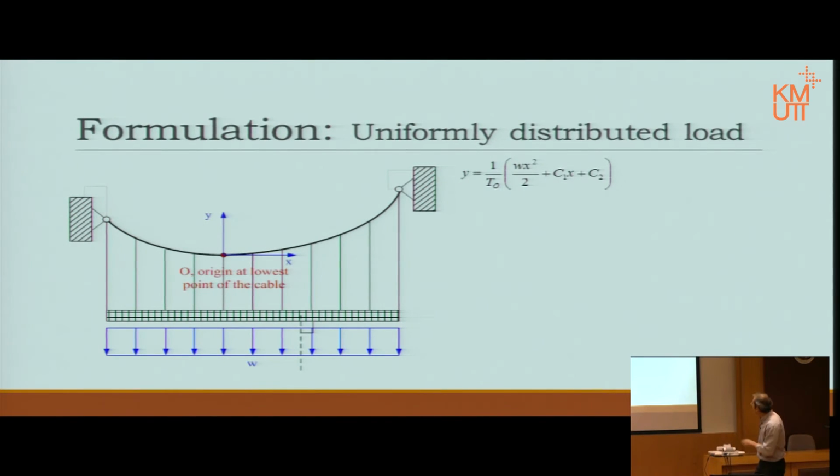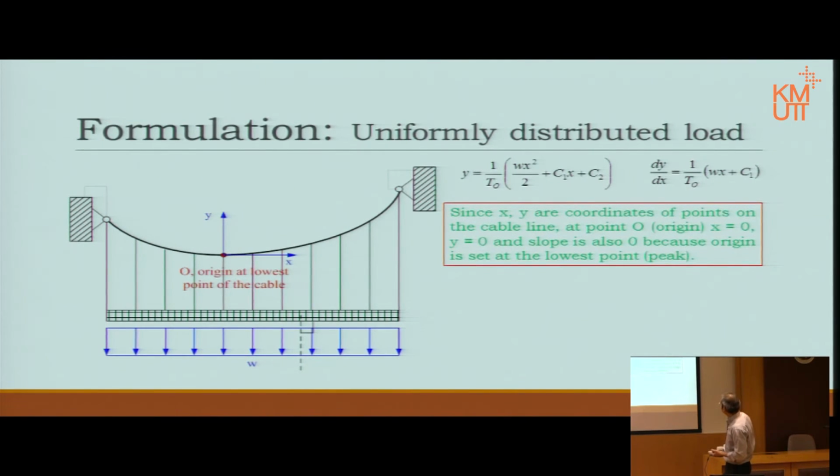So that is the normal integration, and of course for the slope dy over dx, we can integrate it. That is the slope function. This is just what I just argued: at the origin xy is 0, and because it's the lowest point, the slope is also 0. Therefore, at point O, x 0, y 0, the left hand side equation gives C2 equal to 0.